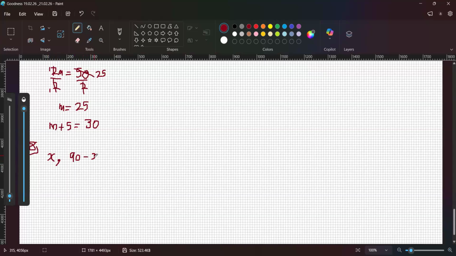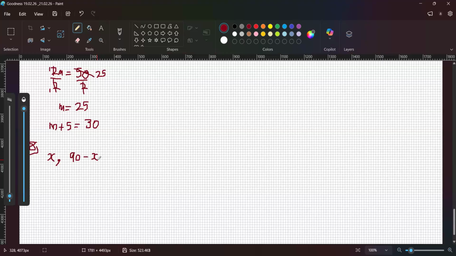An example of complementary angles is 60 and 30. Do you get it now? Yes, sir. So 60 plus 30 equals 90.